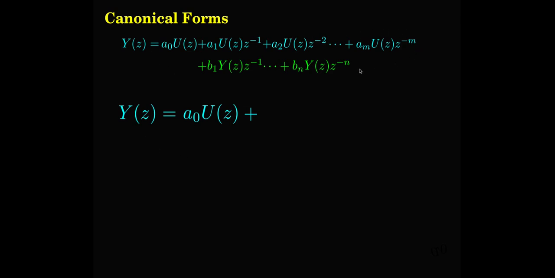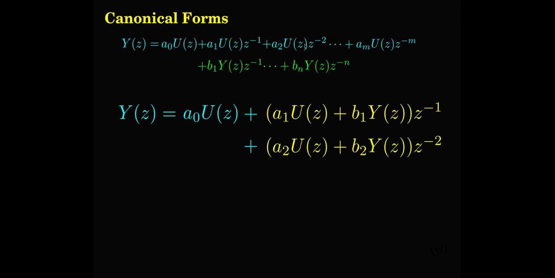Okay, I'll start from this equation. So A0 uz, that is this one. Now A1 uz plus B1 yz, these two. So these two I will put together, A1 uz plus B1 yz, z to the power of minus 1. Then A2 uz and B2 yz delayed by z to the power of minus 2, delayed by 2 sample times.